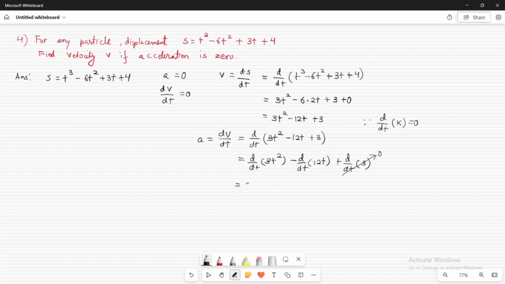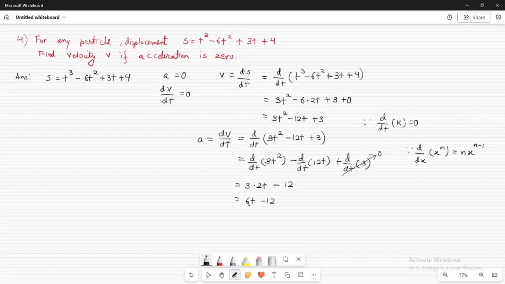Now d by dt of 3t squared is 3 into 2t, minus d by dt of 12t is 12. Note the basic formula: d by dx of x to the power of n is equal to n x to the power of n minus 1.